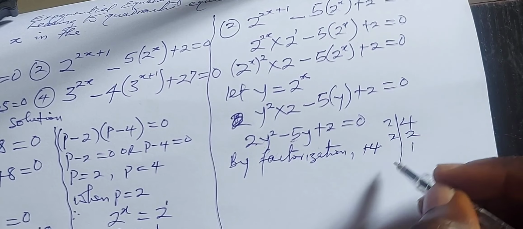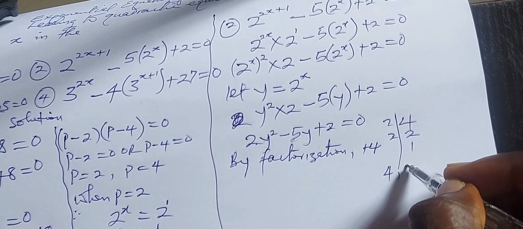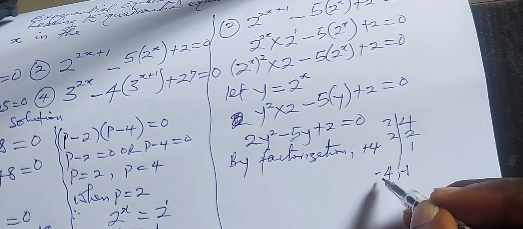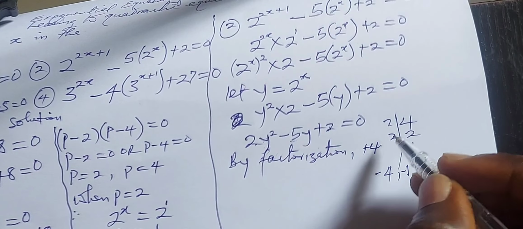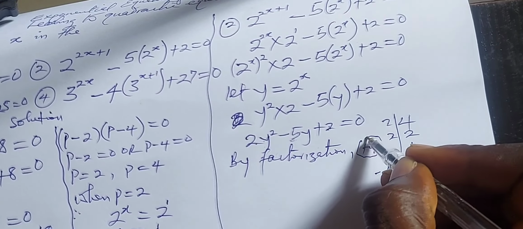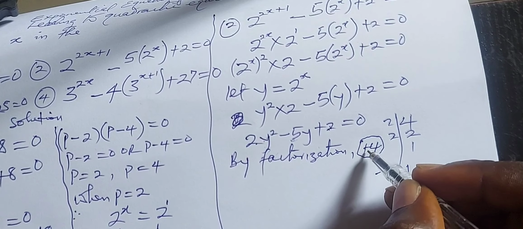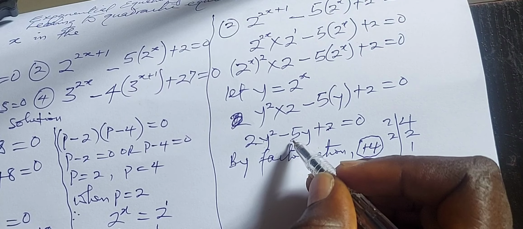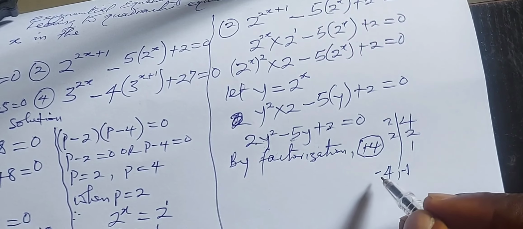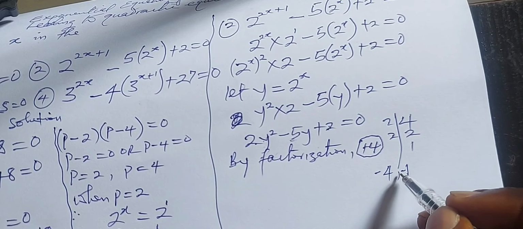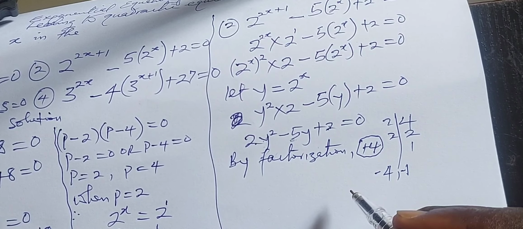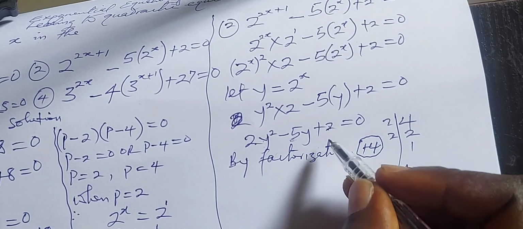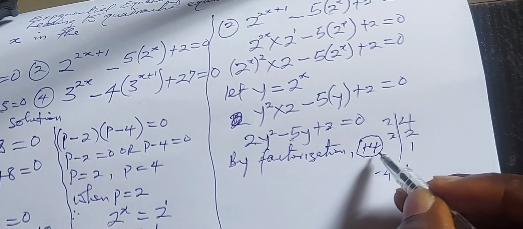So what you do is 4 and 1. Remember, we are looking for what we will multiply to give us plus 4, and when we add them, we will have minus 5. So minus 4 plus minus 1 will give us minus 5. And so that is the answer. Minus times minus is plus. 4 times 1 is 4.